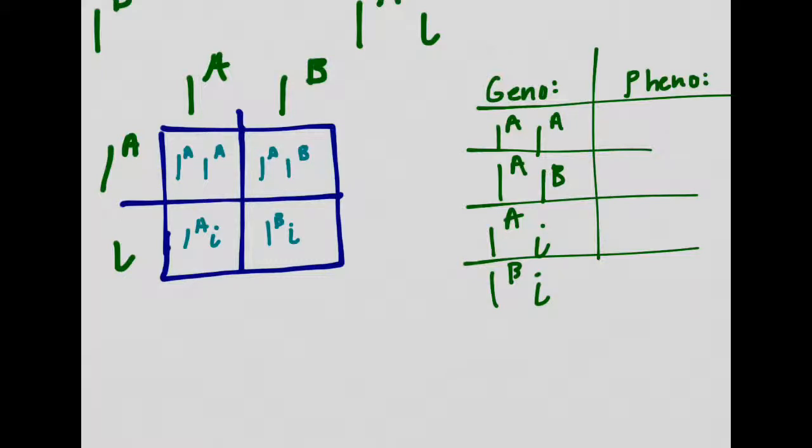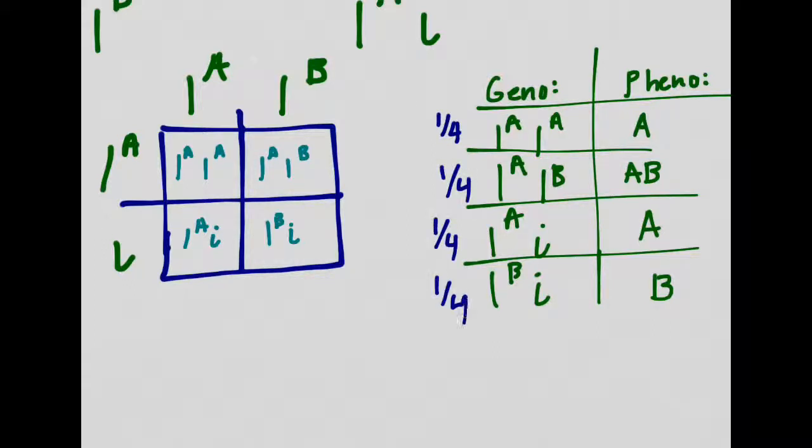This is going to be type A blood, this will be type AB blood, this will be type A blood, and this will be type B blood. And the ratios here are going to be 1/4, 1/4, 1/4, 1/4.